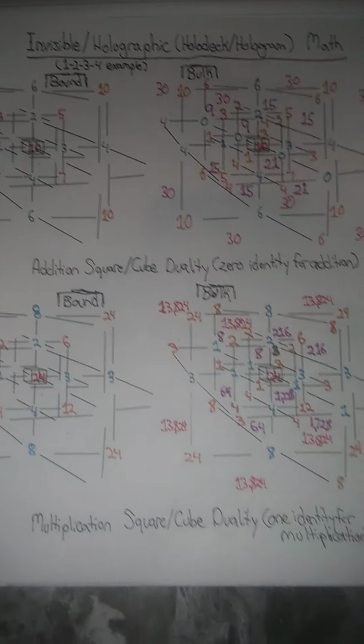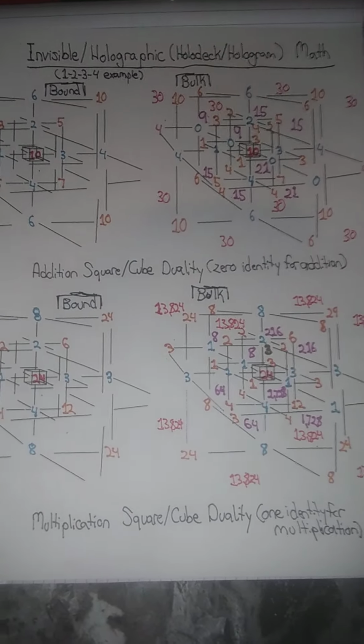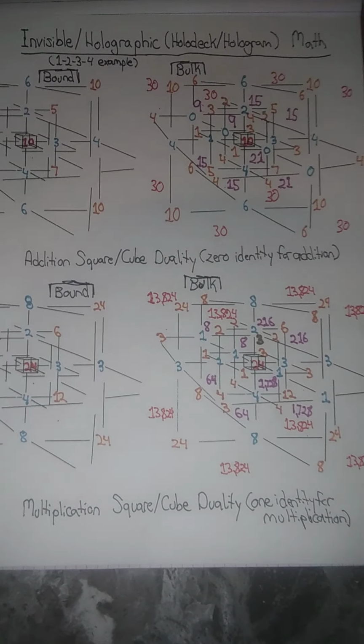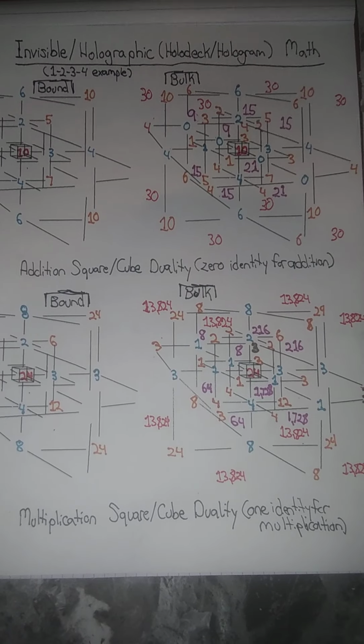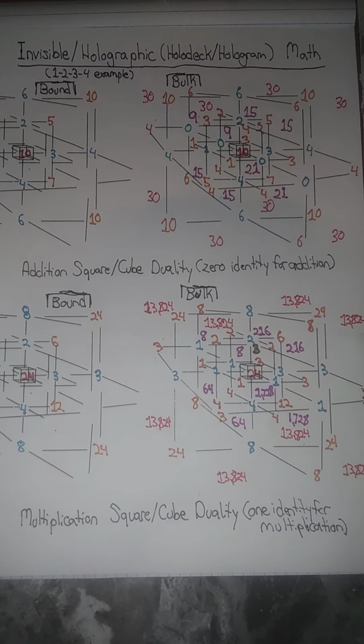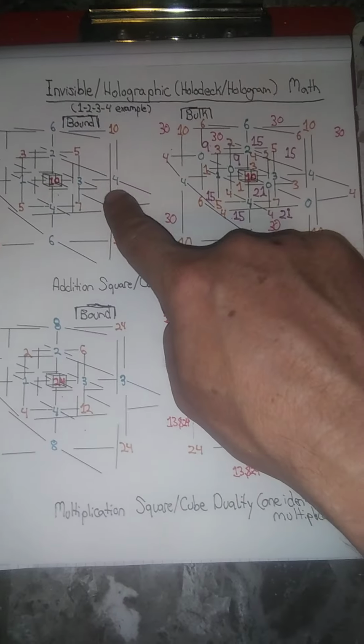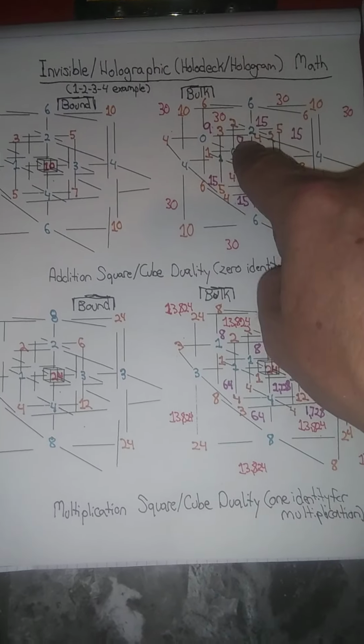So this is what I would hope to be an abstract math that may one day find its use in a holodeck. Invisible, holographic, holodeck, hologram math. The bound and the bulk.